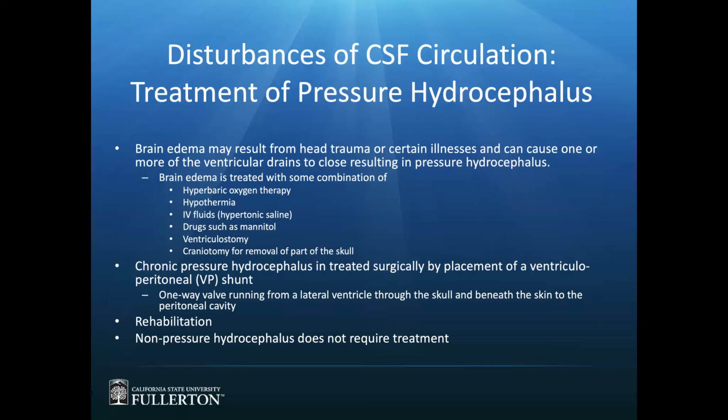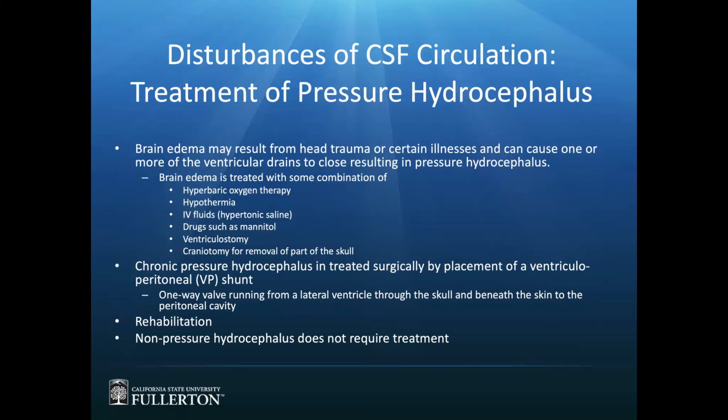And then there's another kind of treatment you should know about for chronic pressure hydrocephalus, which is staying there. I mean, they could relieve it with a ventriculostomy, but that's kind of a temporary solution. For somebody who has a blockage and they're going to continue to have pressure hydrocephalus, the neurosurgeon will put in a drain into one of the lateral ventricles.